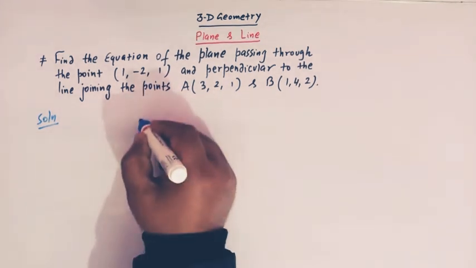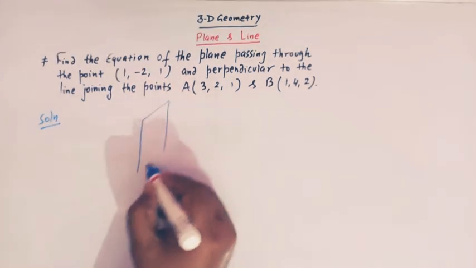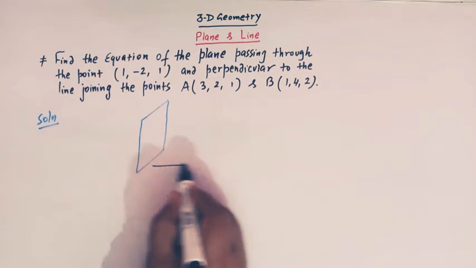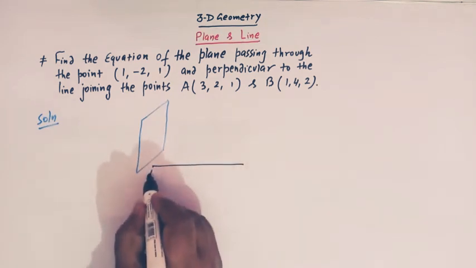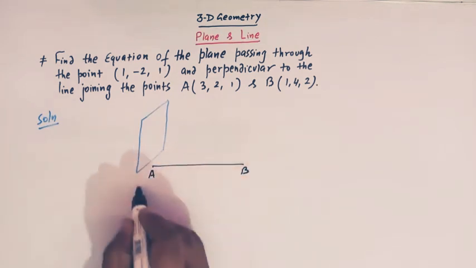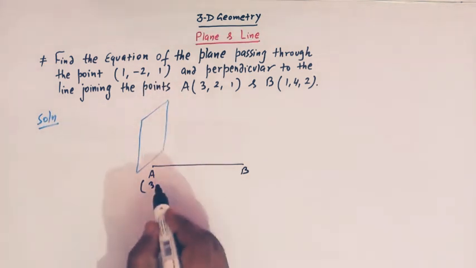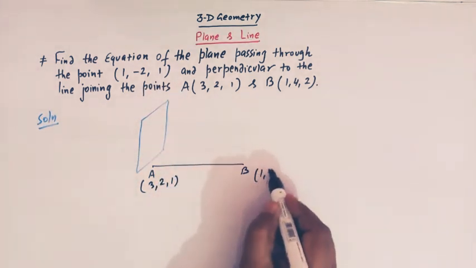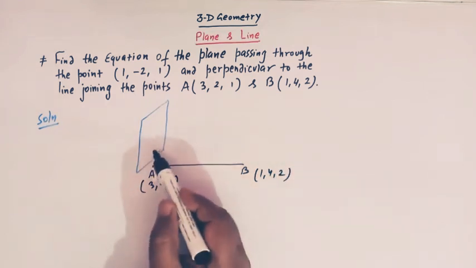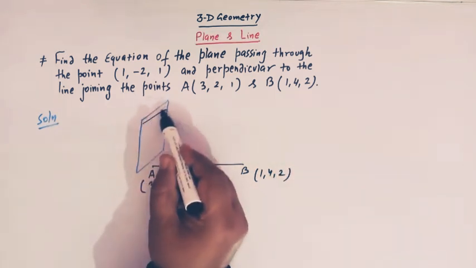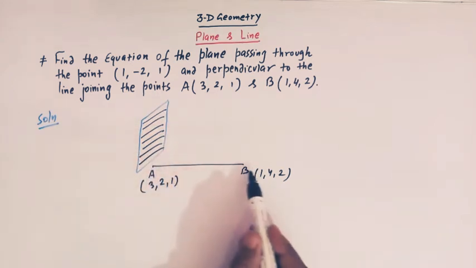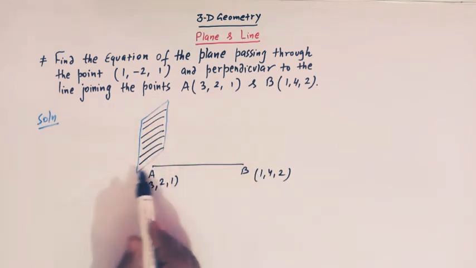Suppose this is the plane and we have a line, say this is the line joining the point A and B, and the coordinates of the point A are (3, 2, 1) and B are (1, 4, 2). And this plane is perpendicular to this line, that is the line AB.